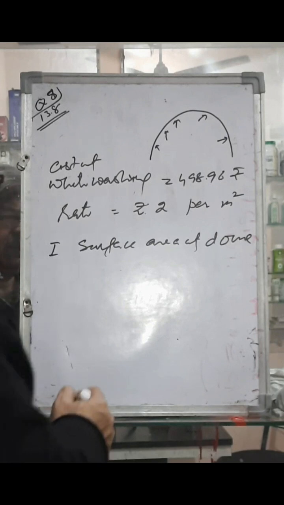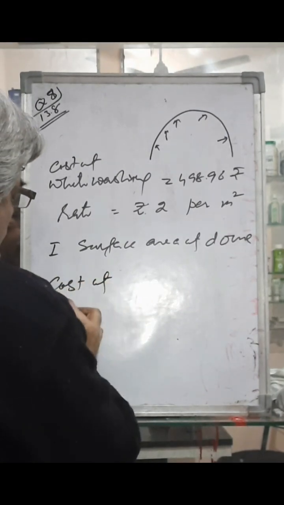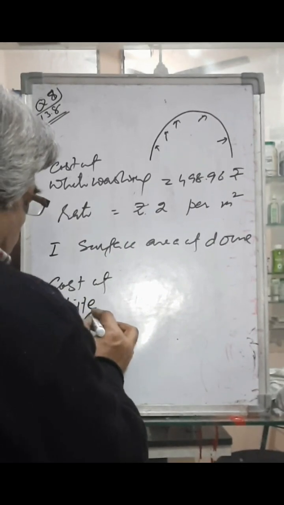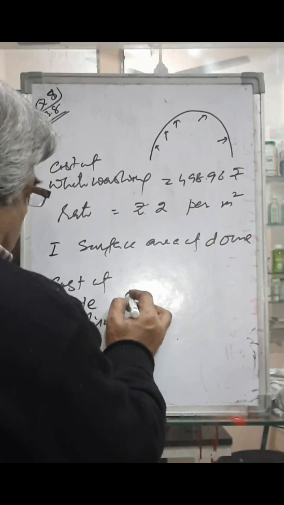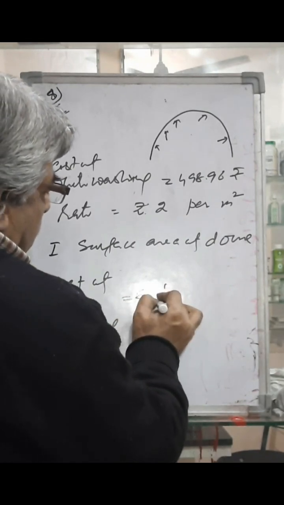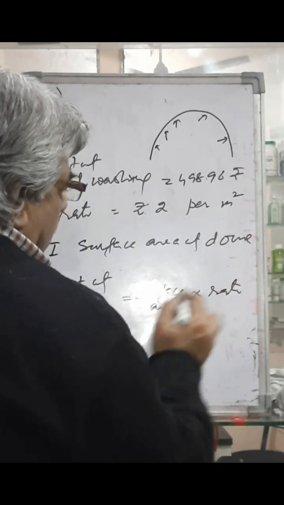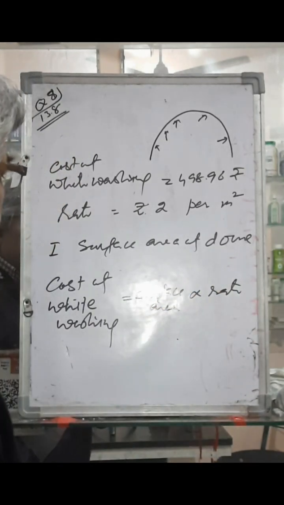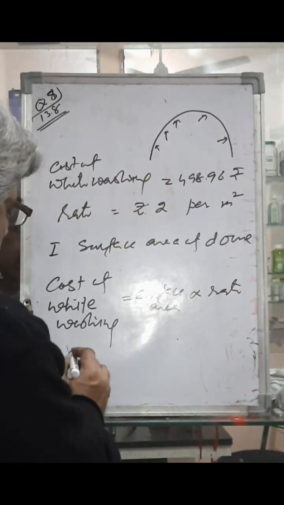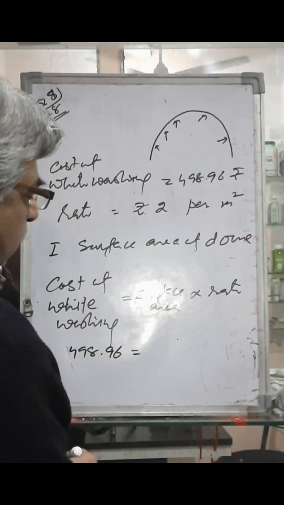So the formula for total cost of whitewashing: total cost is equal to surface area multiply rate. Using this formula, now total cost is given as 498.96 rupees.